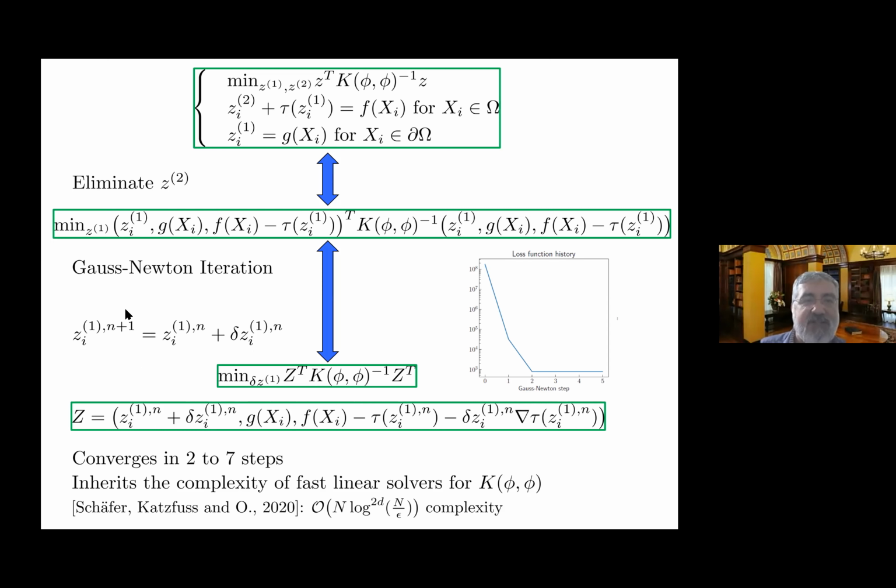Now, in practice, this Gauss-Newton algorithm converges in 2 to 7 steps, which means that the complexity of our nonlinear PDE solver inherits the complexity of inverting dense kernel matrices. We are currently adapting the algorithm found in this paper to do so in near-linear complexity.